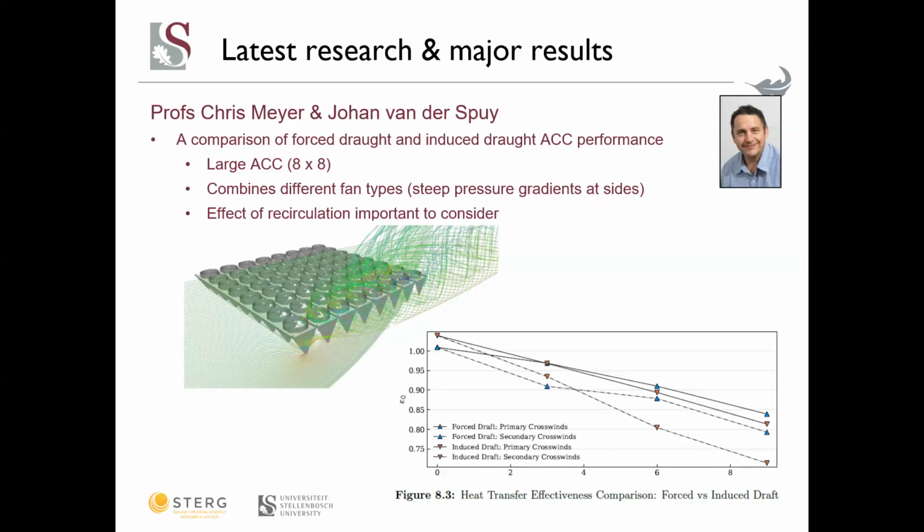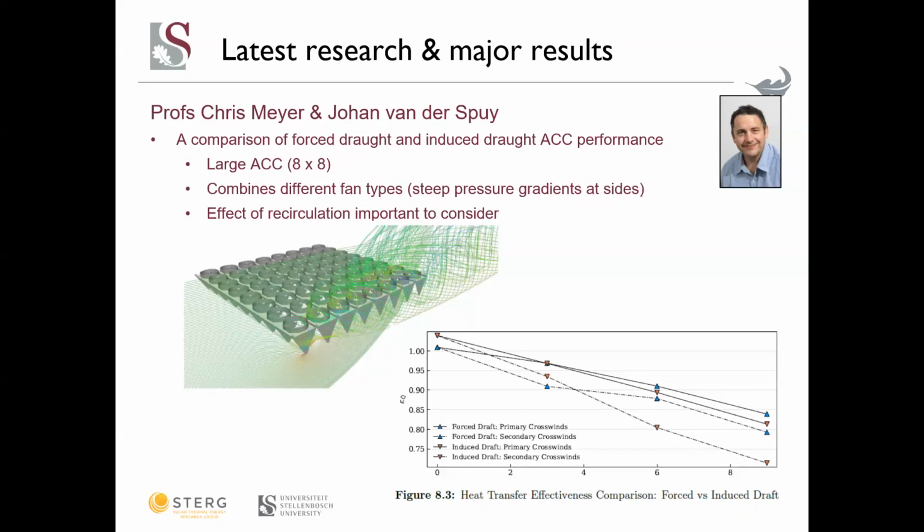The trends that we can see from their research show that induced draft ACCs deal better with crosswinds at lower speeds, while forced draft ACCs deal better with crosswinds at higher velocities.